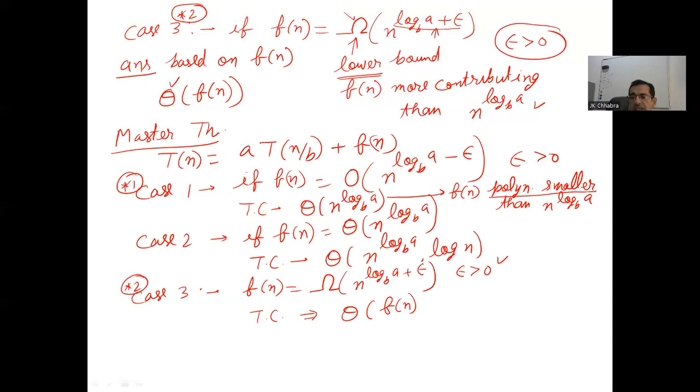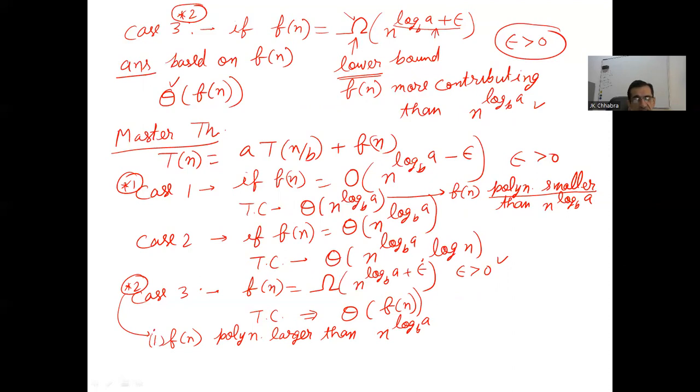Mathematically, you might have some idea, otherwise I'll explain. And in case 3, the condition means Fn must be polynomially larger than n power log base b of a. So you can easily see that polynomially larger will ensure that this contributes more.